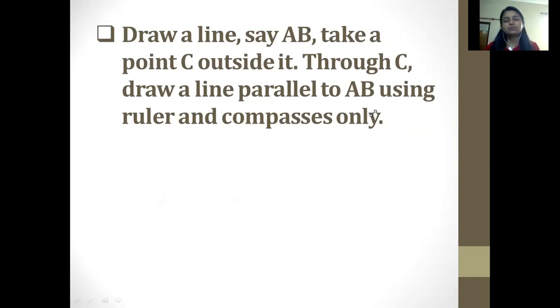Now, here's a question in front of you. What they are asking: draw a line, say AB, take a point C outside it, the way we did in our previous question. Through C, draw a line parallel to AB using ruler and compasses only. How can we solve this question now?